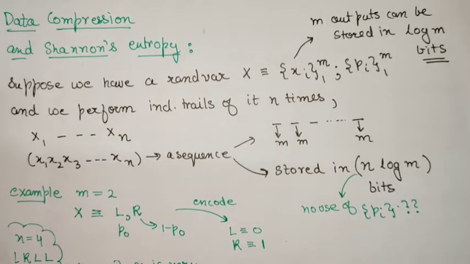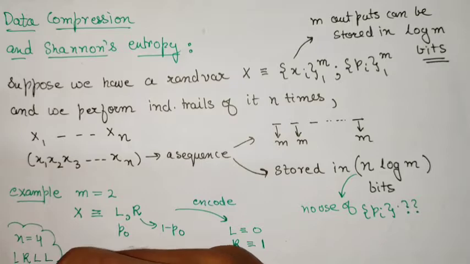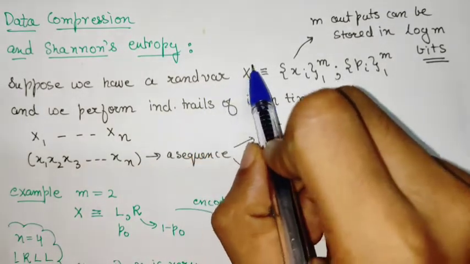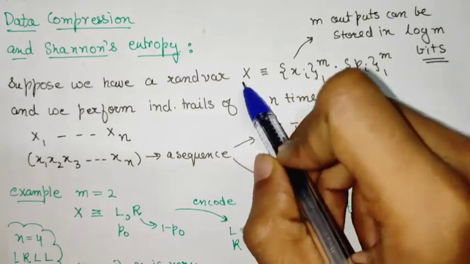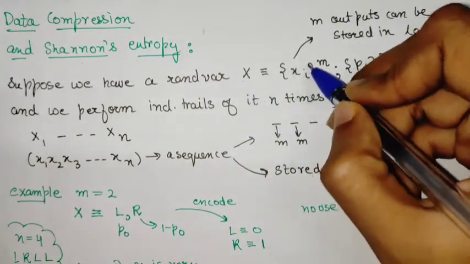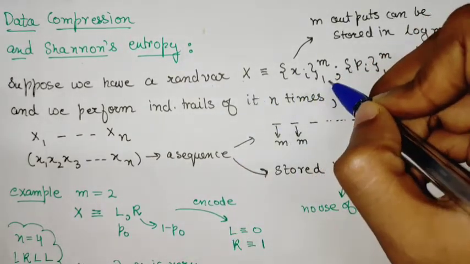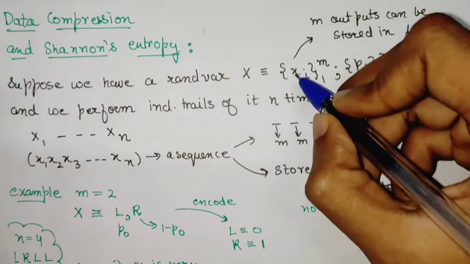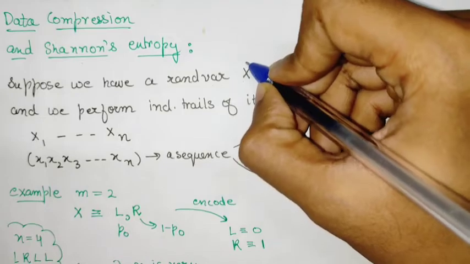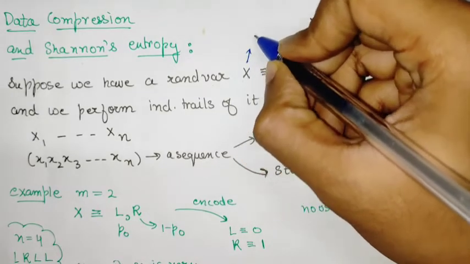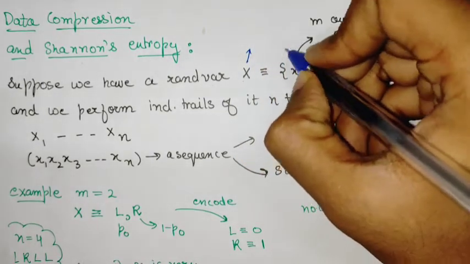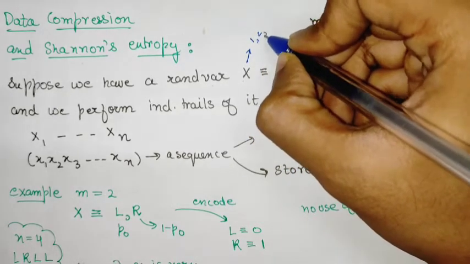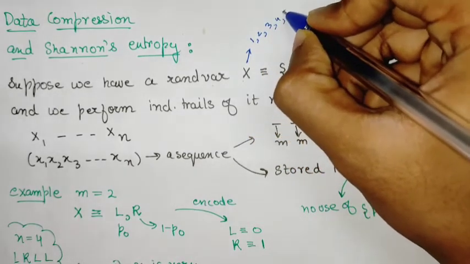So let's begin. Suppose we have a random variable x, and it takes values x_i, where i can vary from 1 to m. It is like if you have a die: the throw of a die is a random variable, and these x_i are the values of getting 1, 2, 3, 4, 5 and 6.